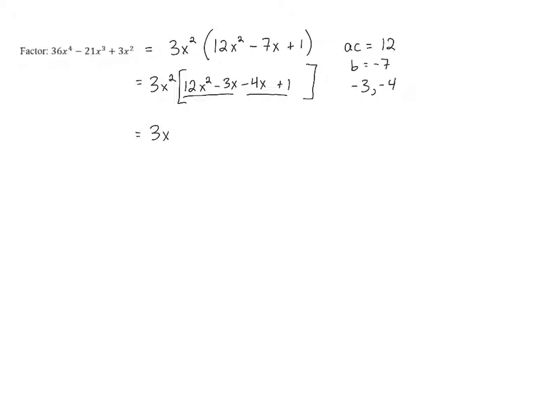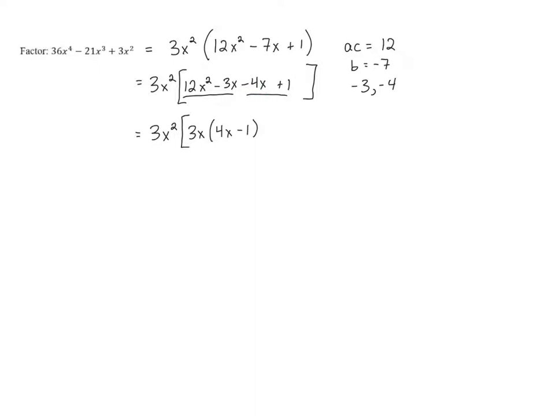We'll keep the 3x squared out front. And then in the first group, both of those terms are divisible by 3x. So we've got 3x times, the leftovers are 4x and minus 1. Now in the second group, they only have 1 in common, but we need the leftovers to have a positive 4x, and we're left with a negative 4x here.